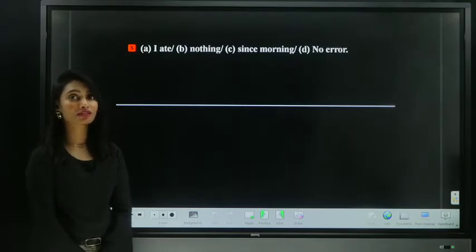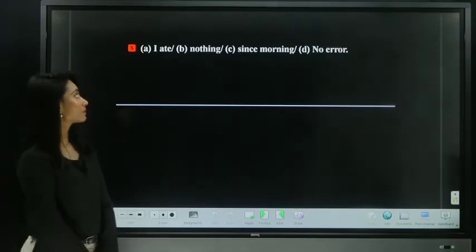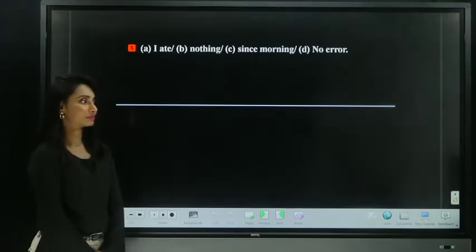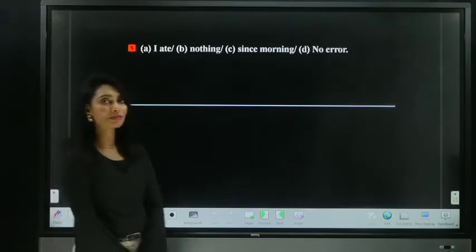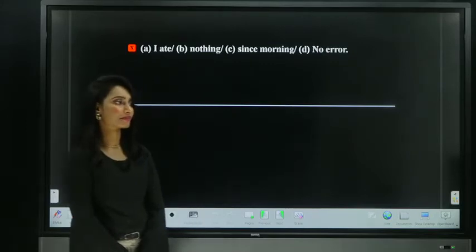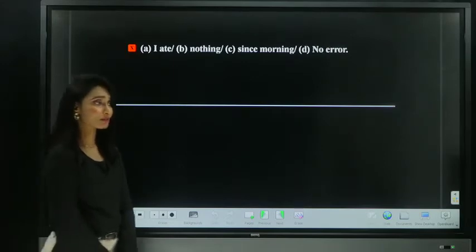Hold on to that and find out which tense you must use. So what's the time indicator in the sentence and what must you use there? Quick guys.